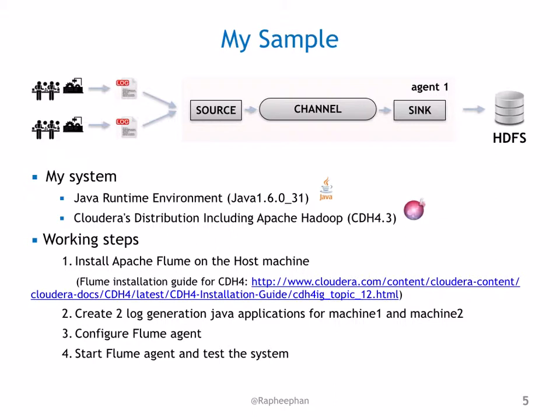Next, I will create two log generation Java applications for machine 1 and machine 2. Then I will show you how to configure the Flume agent, how to start the service, and finally we will verify whether the log data is correctly written on the HDFS cluster or not.